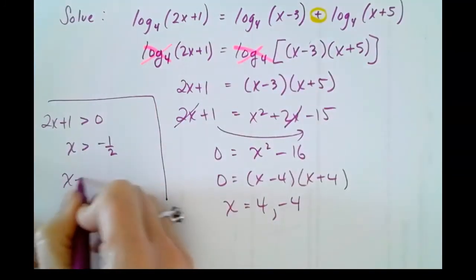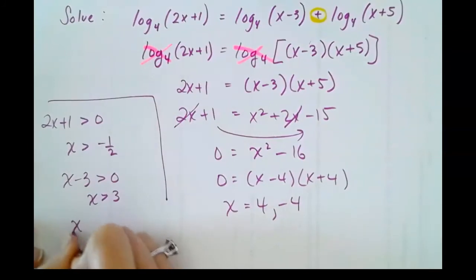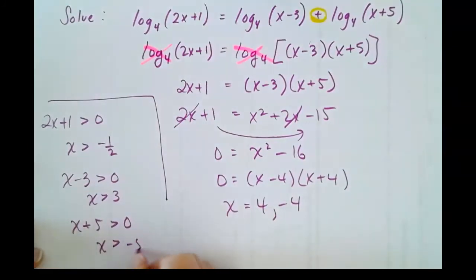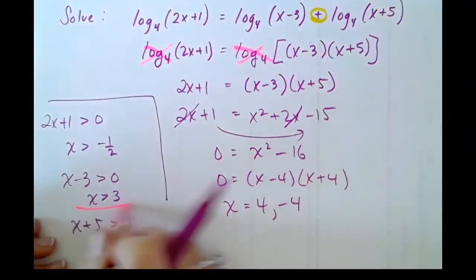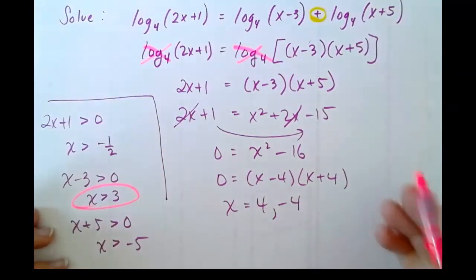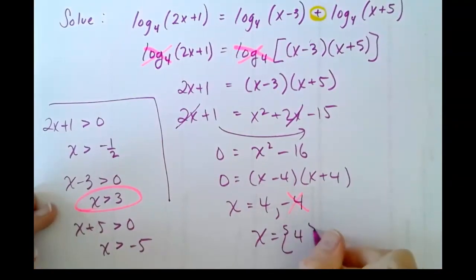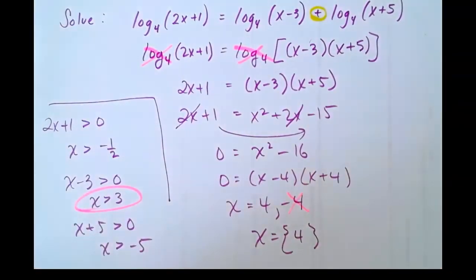If x minus 3 is greater than 0, x has to be greater than 3. And if x plus 5 is greater than 0, x has to be greater than negative 5. So, duh. Choose that highest value, which is x must be greater than 3. Our answers have to be greater than 3. Negative 4 is not. So our solution set is simply x equals 4.